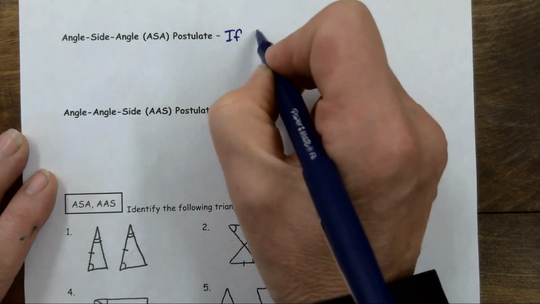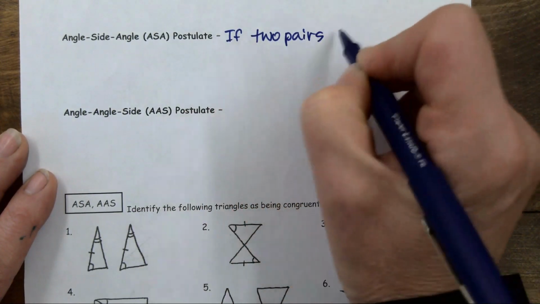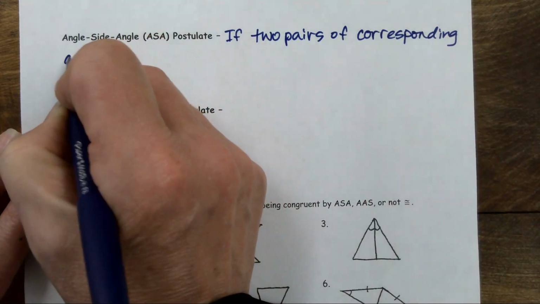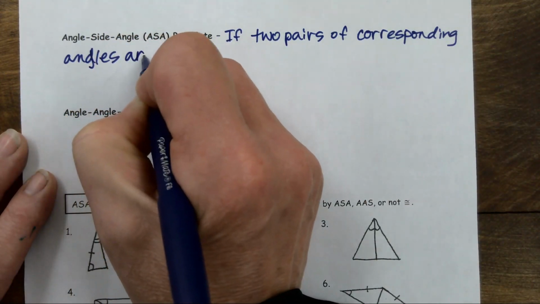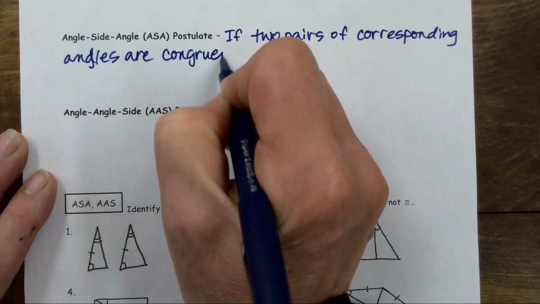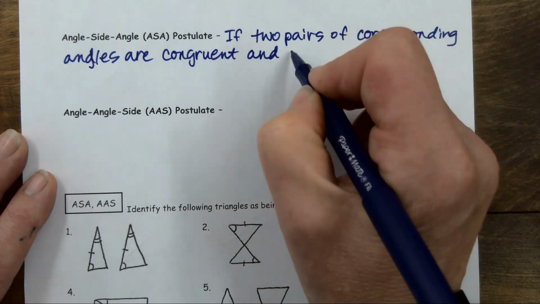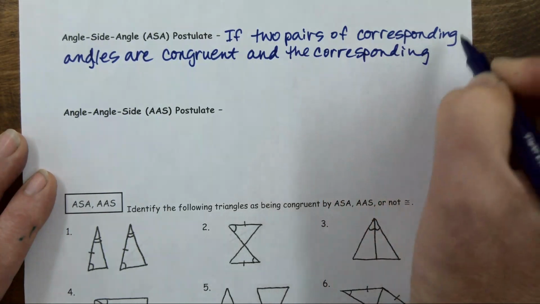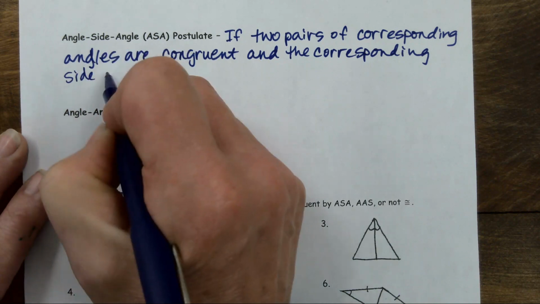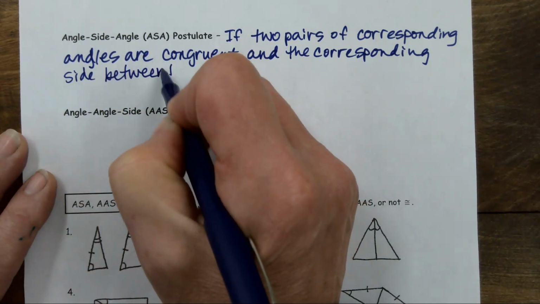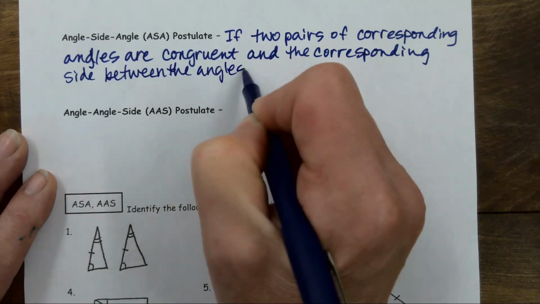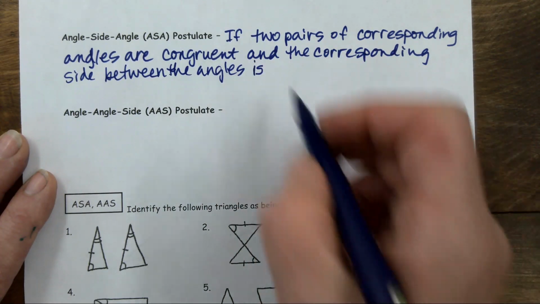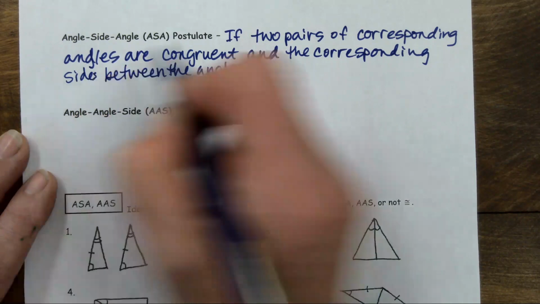If 2 pairs of corresponding angles are congruent and the corresponding side between them is congruent, of course, the sides between them are congruent.